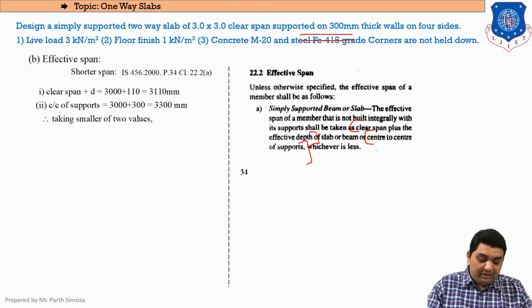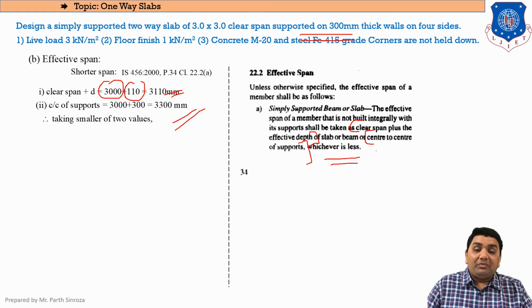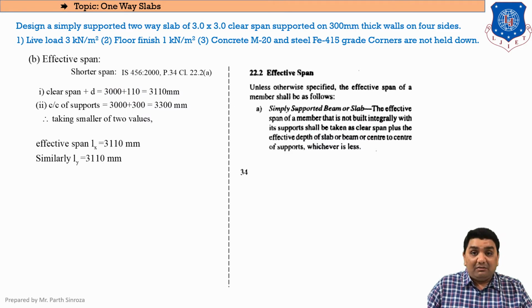So clear span, as you can see here, for the shorter span we are taking it. The clear span is given in the question as 3000, and the effective depth we have taken is 110. So our value comes out to be 3110, and in the second case it comes out to be 3300. Out of these two values, it is prescribed to take the smaller value. So the smaller value will be our 3110.